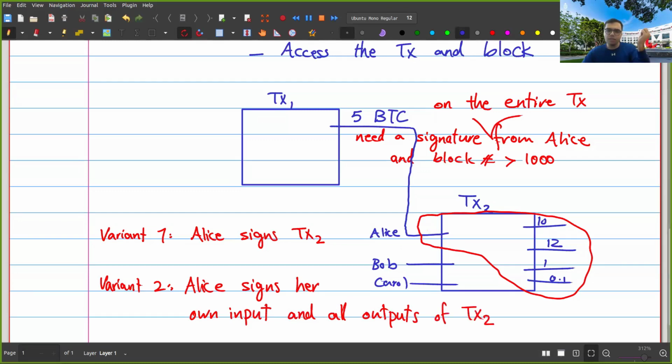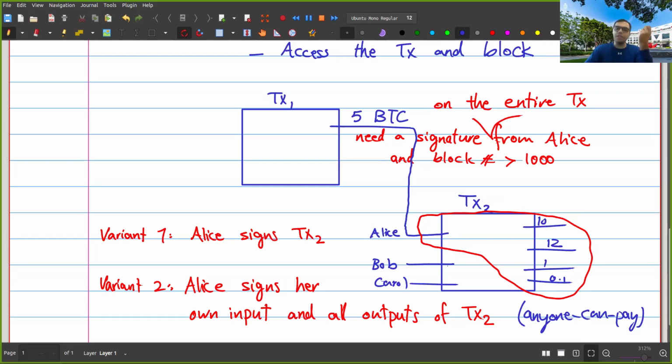Okay, this one is usually called anyone can pay, because the idea is that Alice is going to create a partial transaction. Alice is going to create only this red part, her own input and all of the outputs, and sign it. And then anyone else can come and put their own inputs here to complete the transaction.